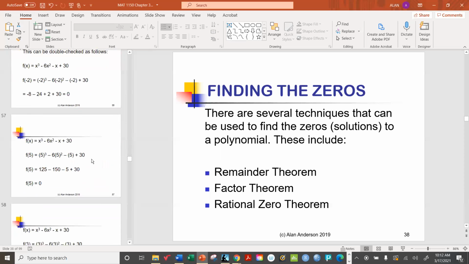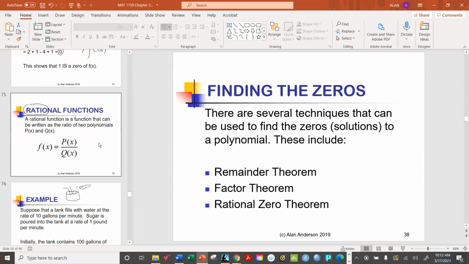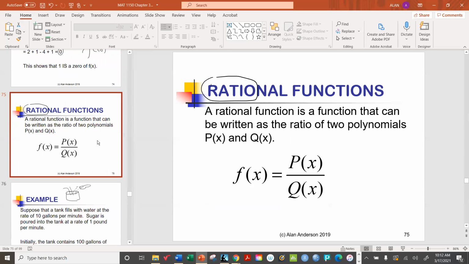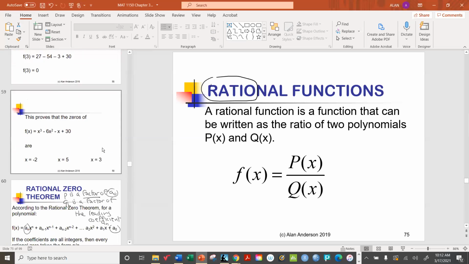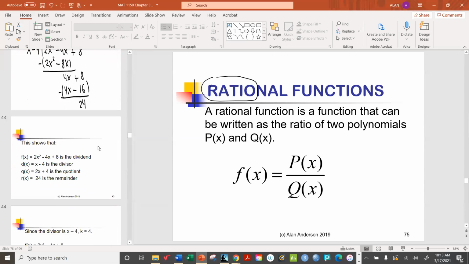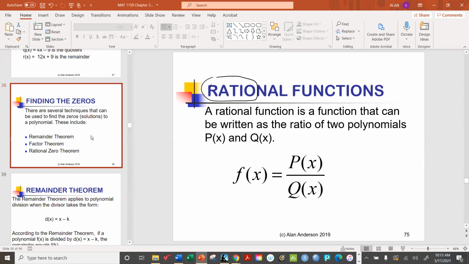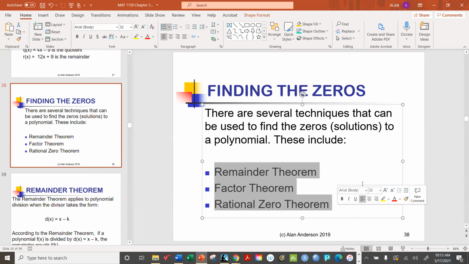But now when we get past all this, we are now looking at rational functions. Now from this point on, this stuff might be on the test. So we're only excluding those three techniques for finding the zeros, just because they're very, very complicated ideas.